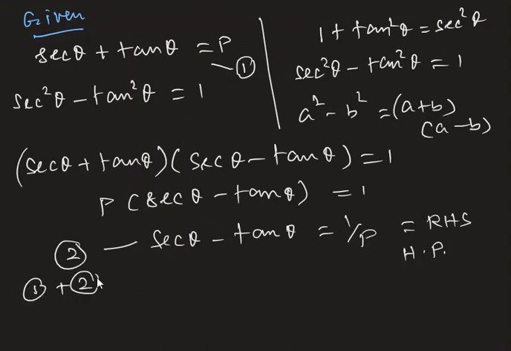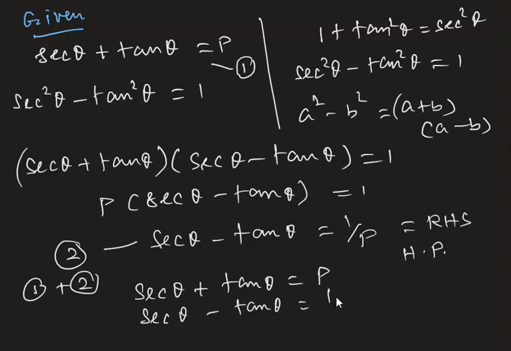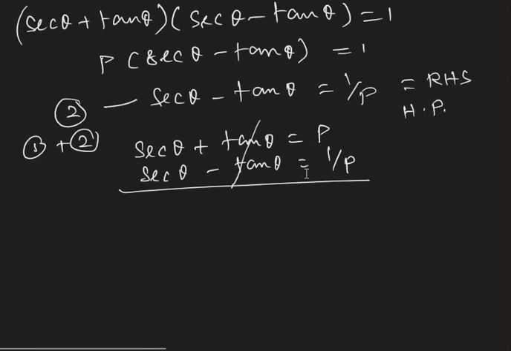Equation 1 and 2. What is equation 1? Secant theta plus tan theta is equal to P. And what is the second equation? Secant theta minus tan theta is equal to 1 by P. So we can add these two. Plus tan theta minus tan theta is removed here.